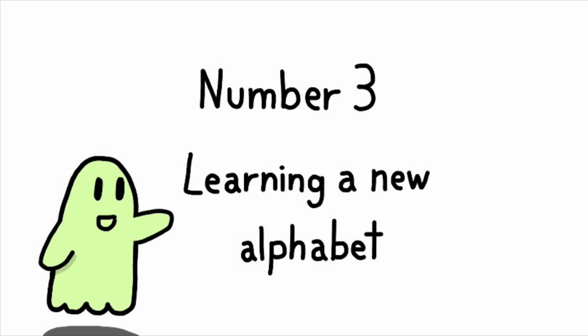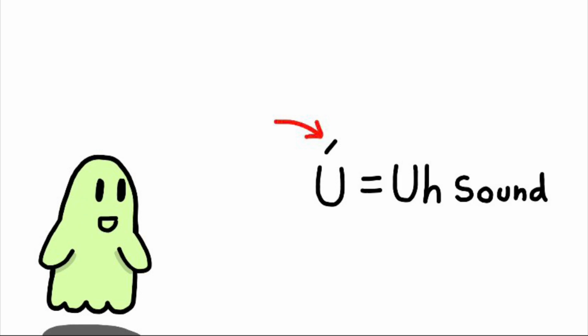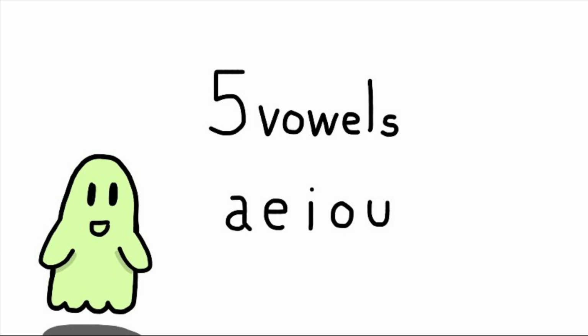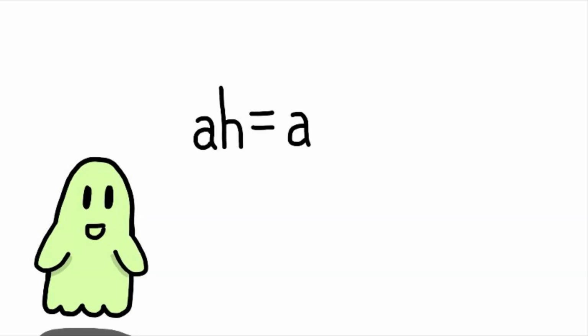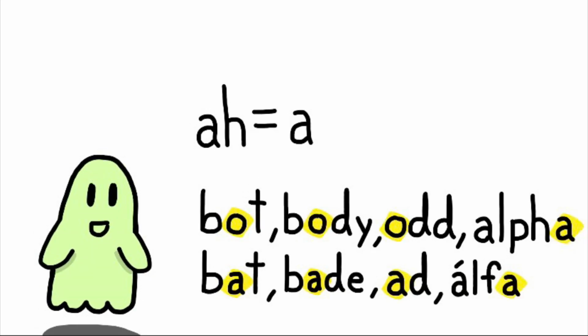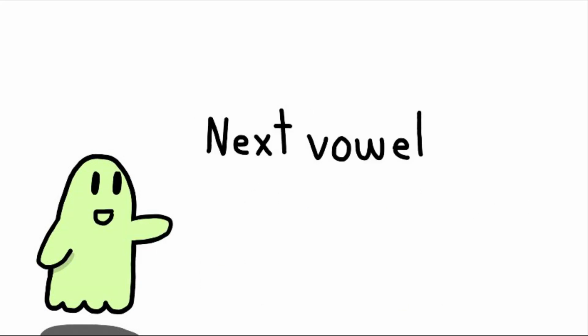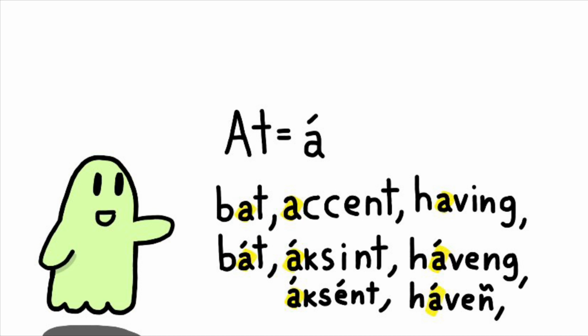Number 3. Learning a new alphabet. So as mentioned in the previous example, we had to use accent marks to indicate new ways of saying a vowel. In my writing system, there are actually 11 vowels instead of the 5 you're used to. And I gave them all names to help you. You have the A like in bot, body, odd, and alpha. This has no accent mark and looks like the one you're used to. Next is the A like in bat, accent, having, and.